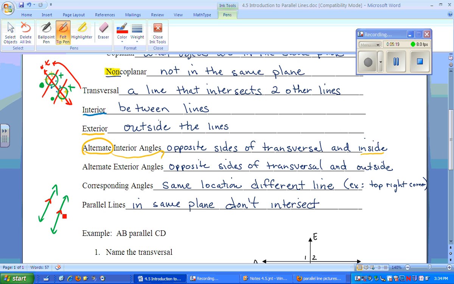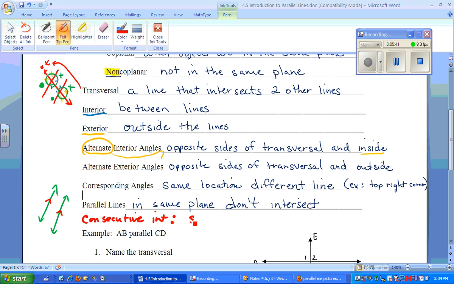There's another word that's not on here that I would like to talk about, since we have alternating interior, alternating exterior, and corresponding. What I'm going to add would be consecutive interior. What that means is it's not alternating. Alternating meant opposite sides.